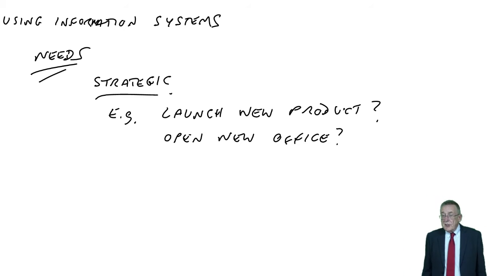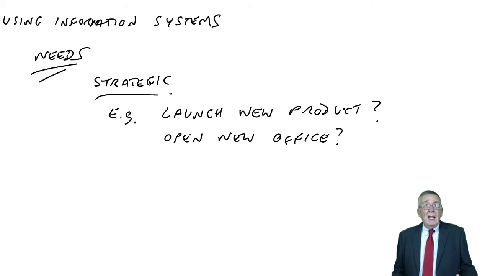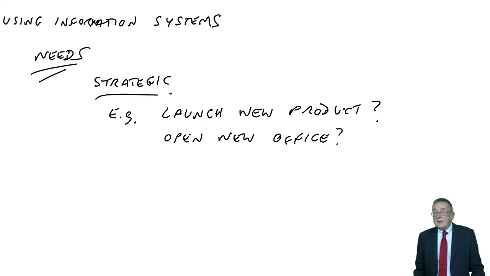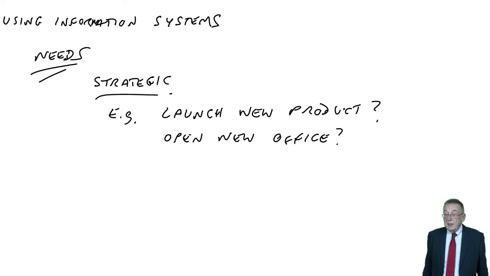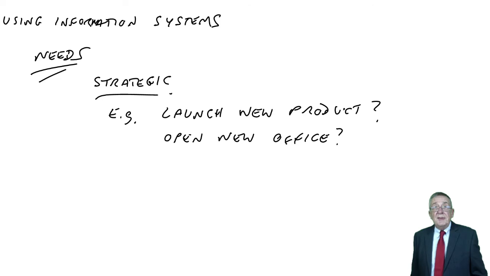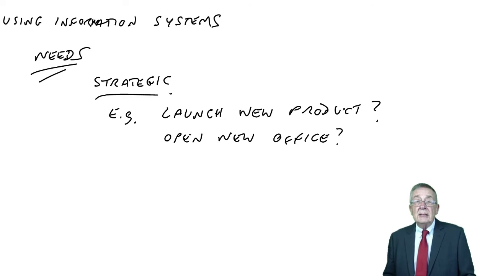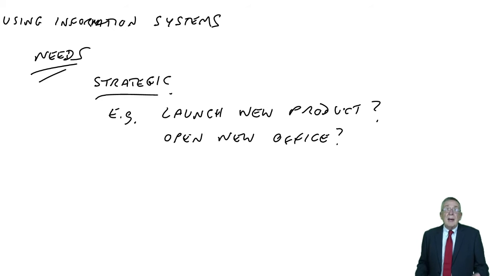We're not deciding on producing new products every week. They're very much one-off decisions, they're major decisions, and it's going to have a long-term effect. You don't start a new product and stop the next day, sort of thing. That's what we mean by strategic long-term decisions.